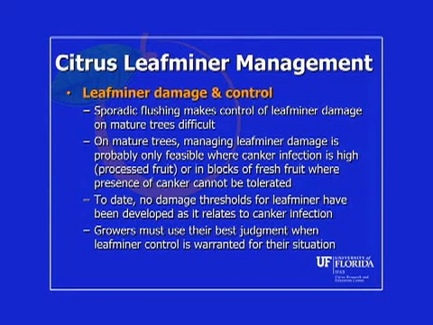Now, in terms of managing leaf miner on mature trees, sporadic flush that's present throughout the summer rainy season makes controlling leaf miner damage much more difficult on these large trees. On mature trees, managing leaf miner is probably only feasible in situations where canker infection is high in blocks of processed fruit, or in blocks of fresh fruit where presence of canker cannot be tolerated if the fruit is to be exported.